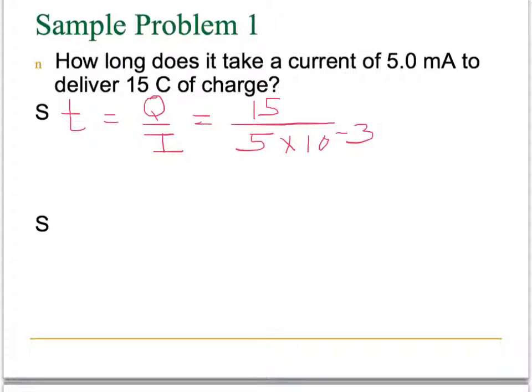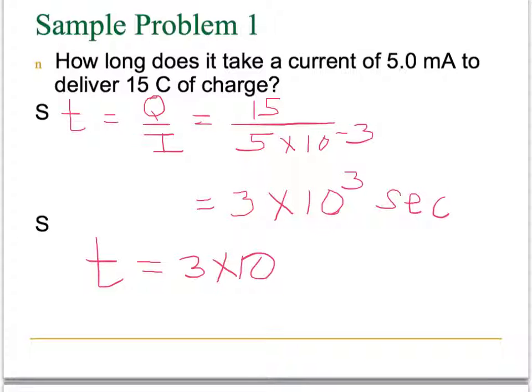So 15 divided by 5, that will give us 3. And then take this up, change the sign to positive. So therefore, this would become 3 times 10 to the third. What is the unit of time? It is in second. So therefore, our time is 3 times 10 to the third seconds.